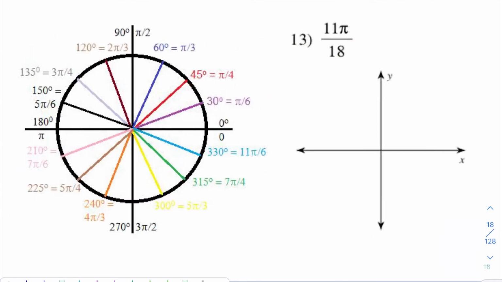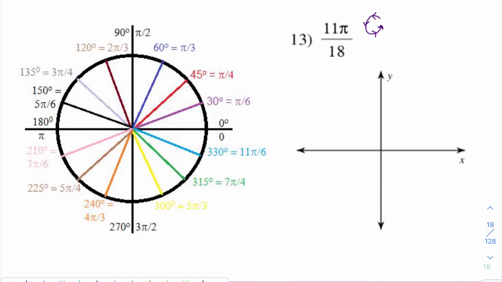So if I wanted to do 11 pi over 18, okay, first thing I like to do is decide if it's going clockwise or counterclockwise. This is a positive angle, so it's going to go counterclockwise, and sometimes I just draw this to remind myself what way that means. Then what I want to do is write everything with a base of 18.